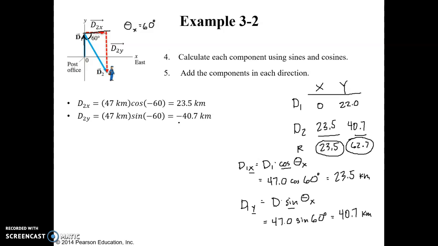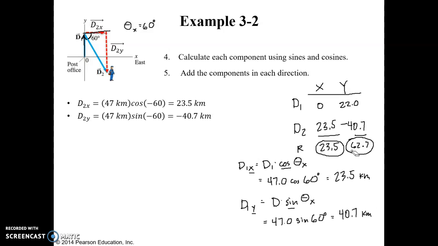This is a good point that I overlooked. This is why it's important to draw the diagram. This y component was down. Okay, so it was going in the downward direction. According to our convention with our xy coordinate system, a downward direction is negative. So this should be negative 40.7, which means that 62.7 is wrong.